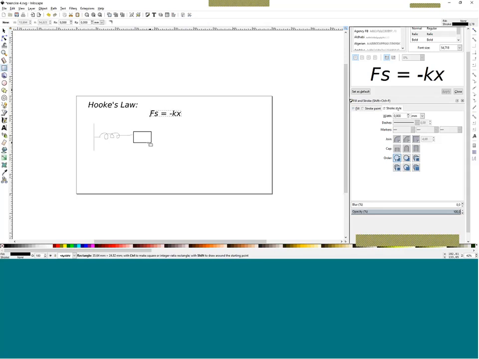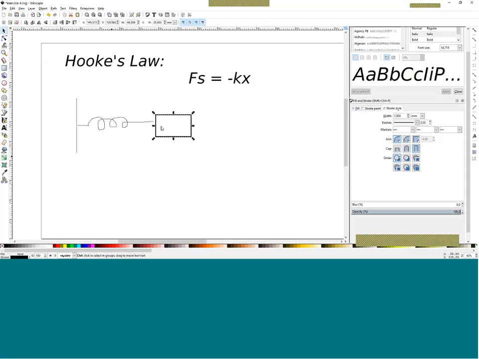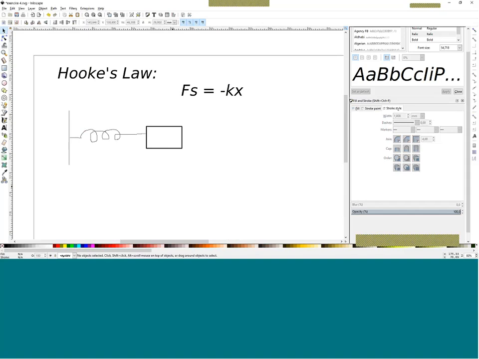So let me add an object. And please forgive my terrible drawing. So Fs is the force of the spring. That should equal minus K times x. What is K? K is a constant.